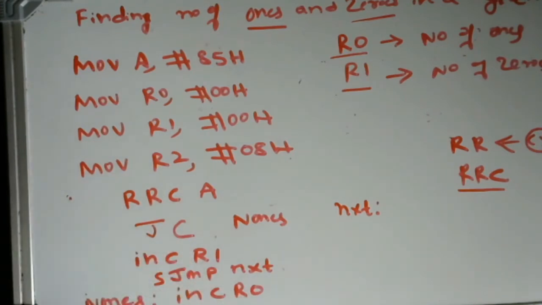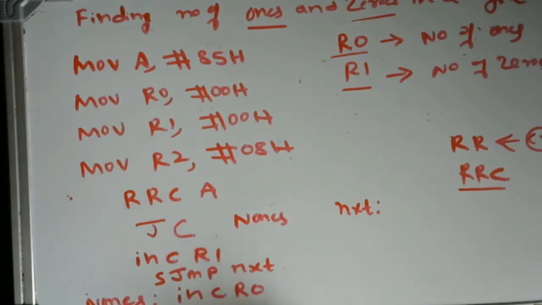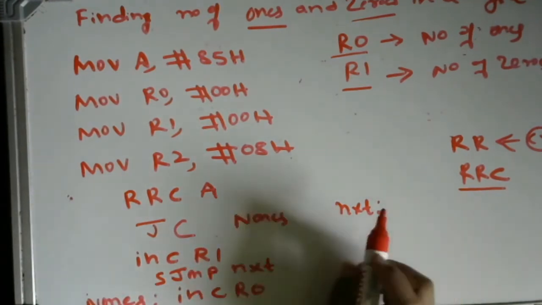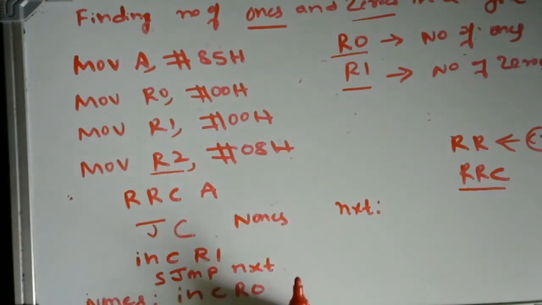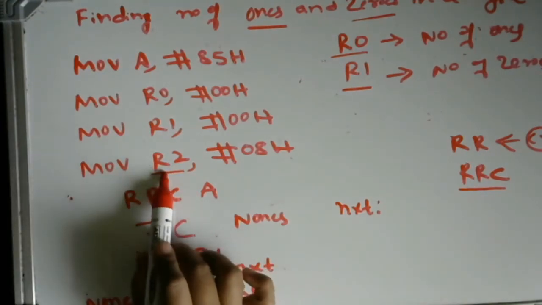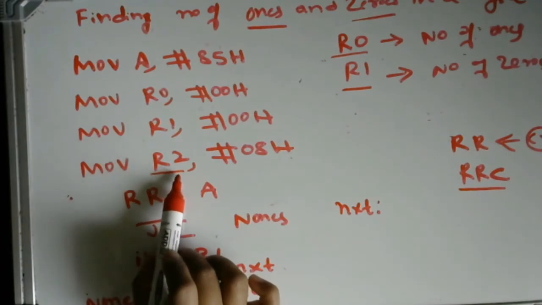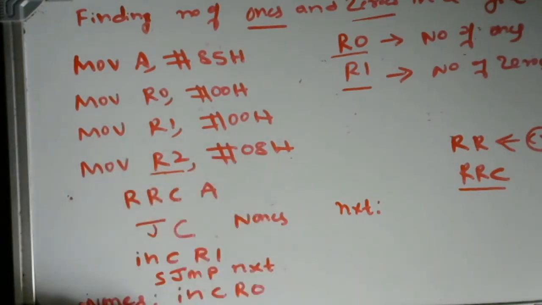Next, we also need to rotate again. But the microcontroller doesn't know how many times it has rotated, so we need to check how many times we have rotated and how many times are left. That is done by checking the R2 register. After each rotation we need to decrement R2 and also check for 0.